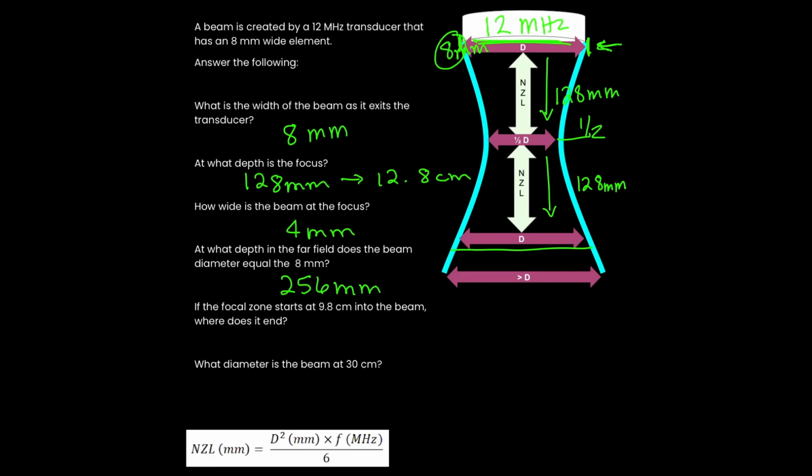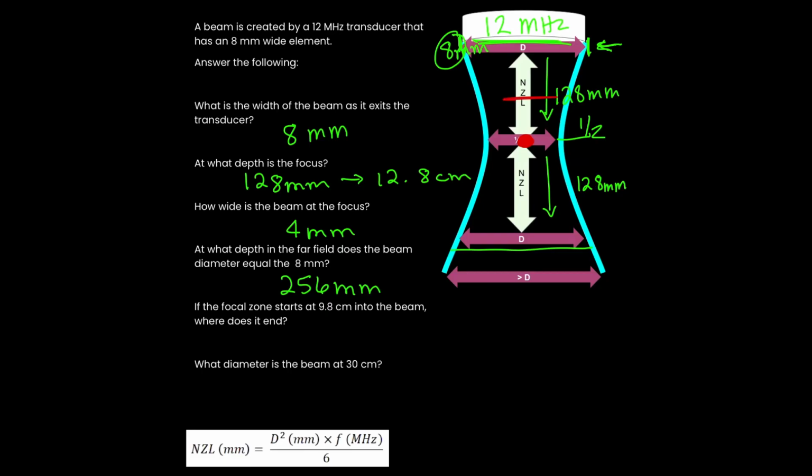Now the next question is a little tricky, and this one says, if the focal zone starts at 9.8 centimeters into the beam, where does it end? And this is going to come back to understanding what the focal zone is and how it relates to other structures in the beam. So remember, our focus is in the center here. It is the end of the near zone, it is the beginning of the far zone, and it's the middle of the focal zone.